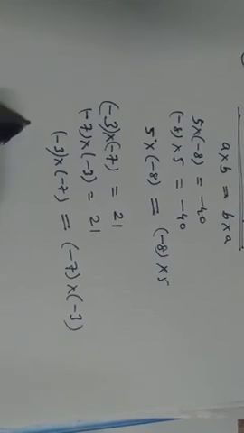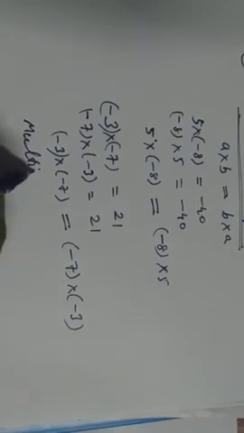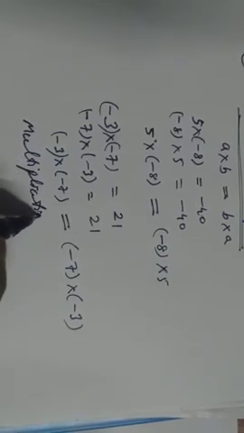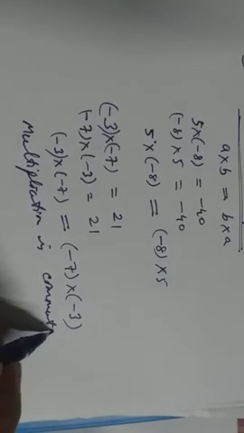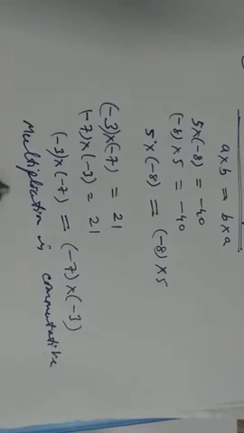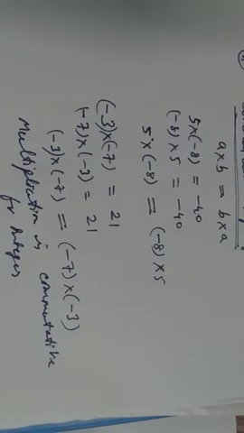Hence, we say that multiplication is commutative for integers. So this is the second property, commutative property.